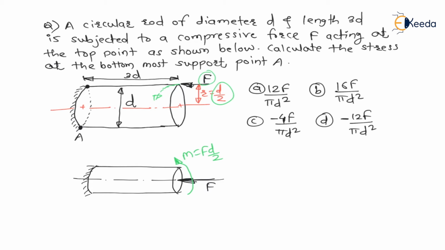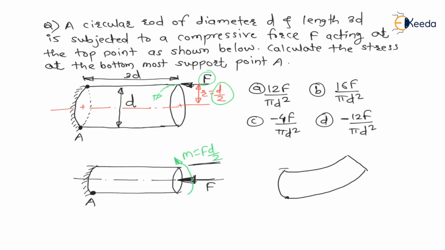Moment is nothing but F d by 2, force into perpendicular distance. Now point A is over here. For the point A, there is direct compressive force F as well as a moment, and because of this moment the rod will bend. See, because of the moment the rod is going to bend like this.